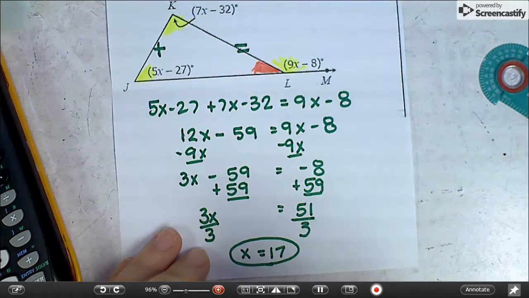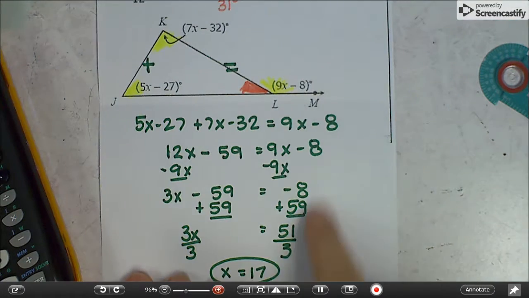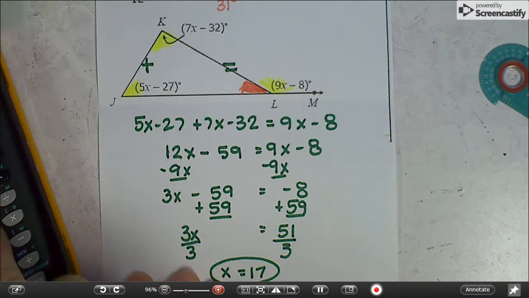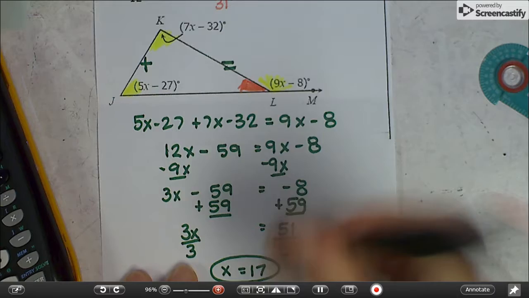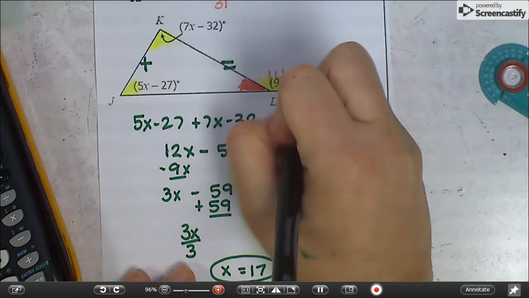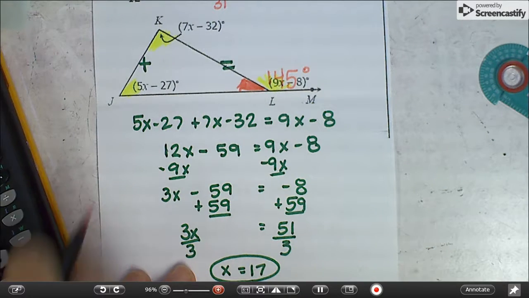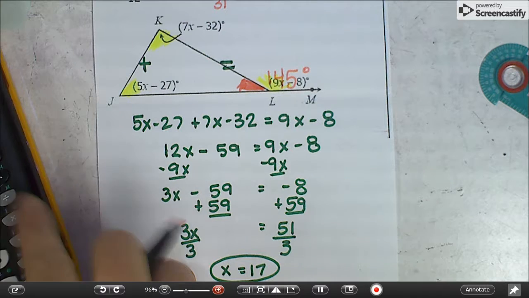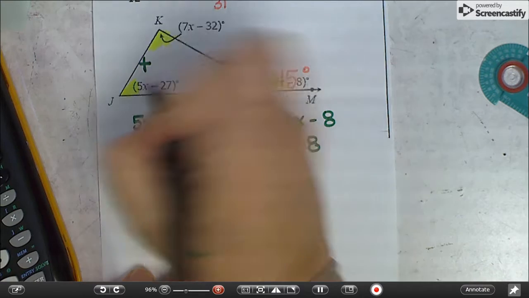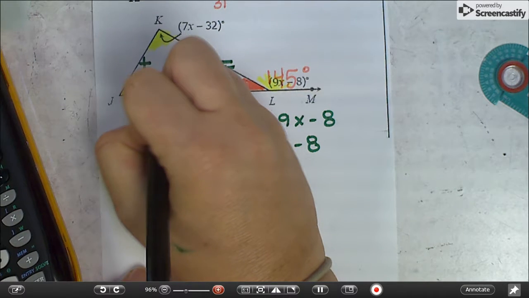Okay, and there are a couple ways you can do it, but all of them require substituting your x back in. So 9 times 17 minus 8 is 145 degrees. 5 times 17 minus 27 is 58 degrees.